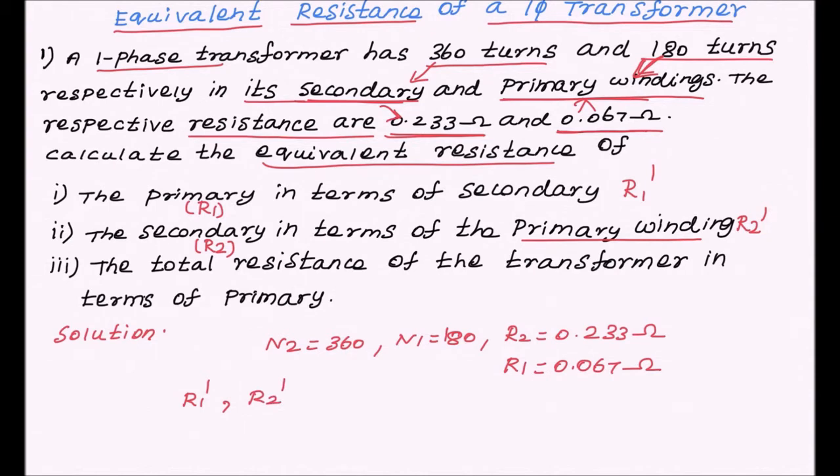Next, the total resistance of the transformer in terms of primary. So the total resistance of the transformer in terms of primary, which is denoted as R1E. R1E is nothing but sum of R1 plus the secondary winding resistance referred at the primary. So R1 plus R2 dash is the total equivalent resistance referred at the primary.